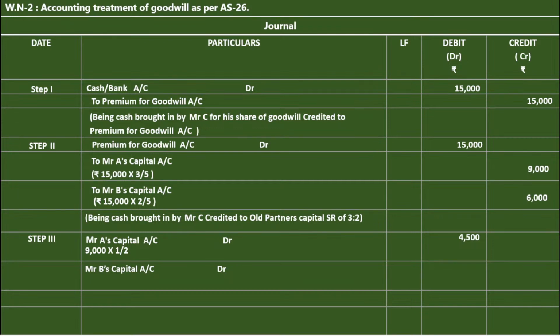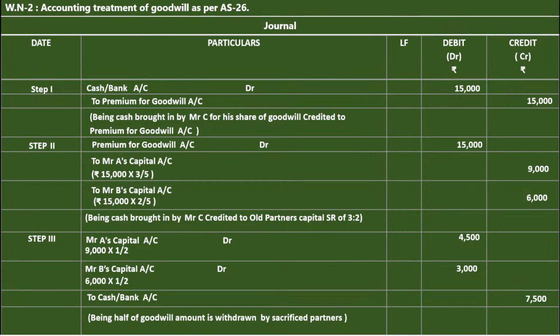Personal account, debit the receiver. 6,000 into 1 by 2, half of the goodwill amount. It is 3,000. To cash/bank account. If it is a cash real account, credit what goes out. If it is a bank account, personal account, credit the giver. So 4,500 plus 3,000 is 7,500. Being half of the goodwill amount is withdrawn by the sacrificing partners.